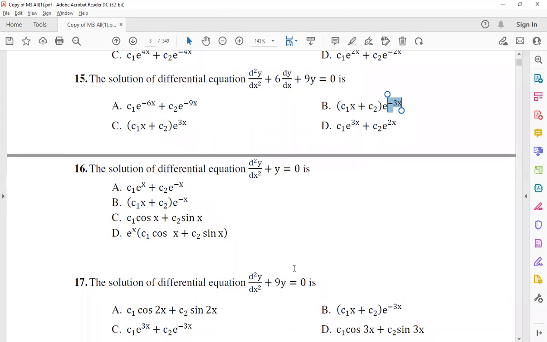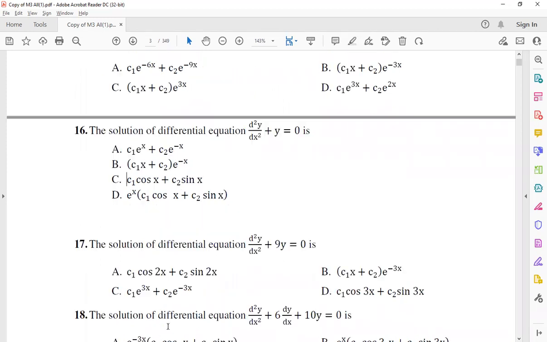Which one is correct? C. Now these two look equal, but here it is e raised to 1x, not e raised to 0x. If you choose this, you will be wrong. So alpha is 0, so you should choose e raised to 0x or just nothing there. E raised to 0x is 1. The correct one is C.